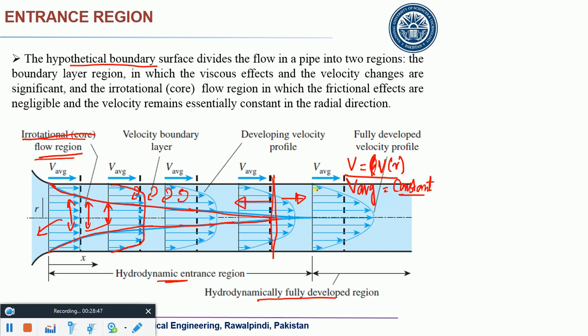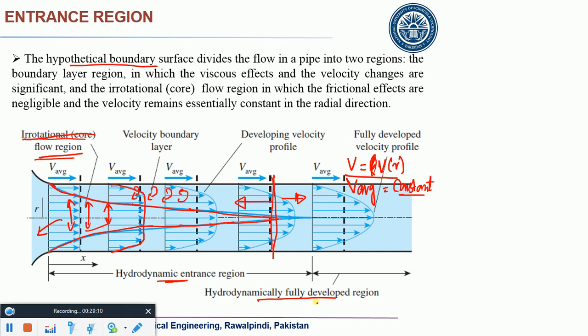So we are generally concerned with the hydrodynamically fully developed region. Whenever you see some empirical relationship or some solution, you generally consider that you are talking about the hydrodynamically fully developed region. Generally those pipes are so long that their entrance region is very small.